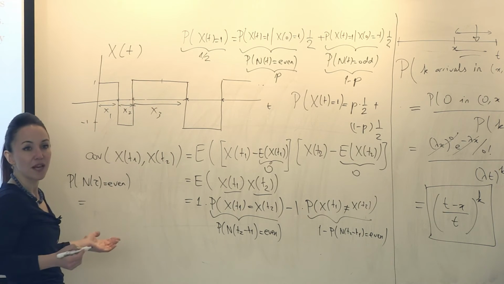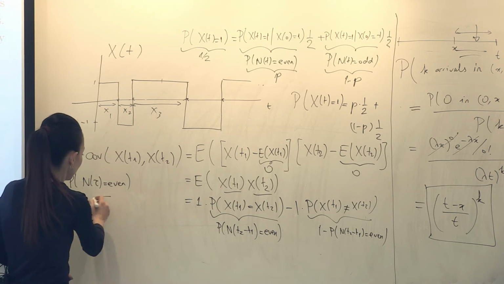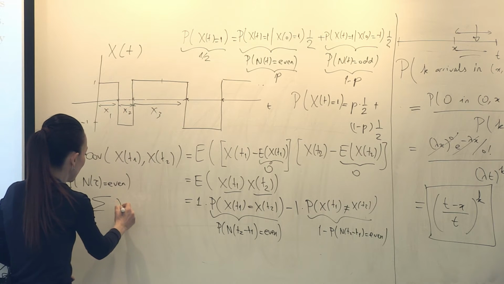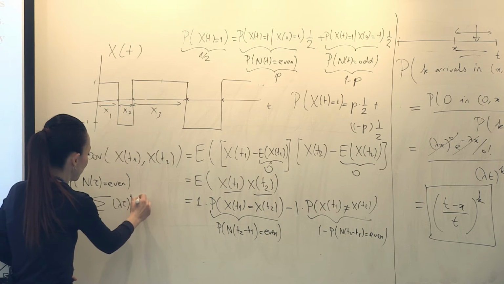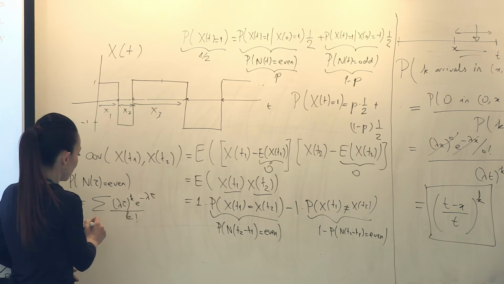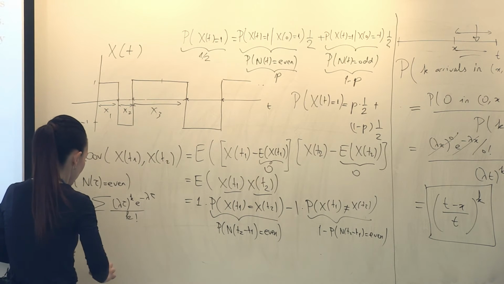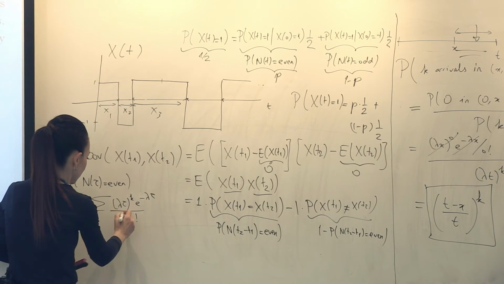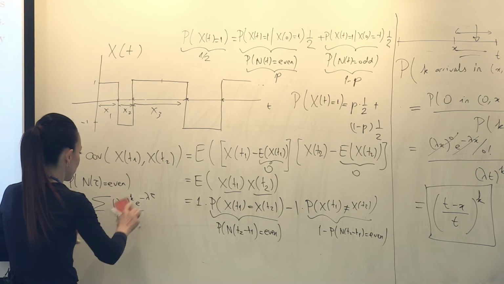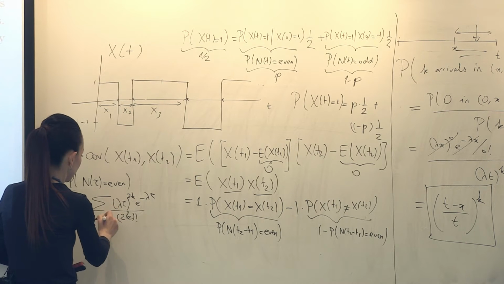Well, n of tau is the number of arrivals in a Poisson process, right? So we are summing lambda tau to the k, e to the minus lambda tau, over k factorial, over even k. But I could write this as, if you will, 2k, in terms of 2k, k going from 0 to infinity.